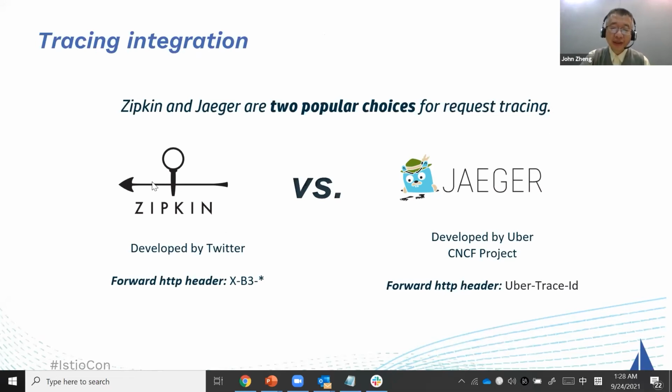One is Zipkin and another is Jaeger. Zipkin is developed by Twitter, and it forwards the HTTP header X-B3, right? And Jaeger is developed by Uber, and now it is a CNCF project, and the HTTP header it forwards is uber-trace-id. They are different.